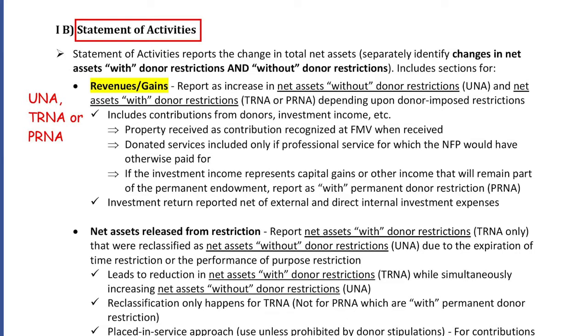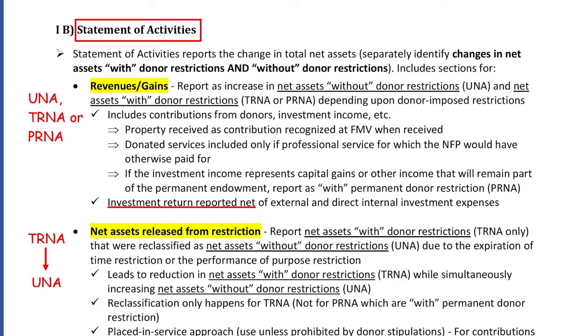Now, when we're talking about revenues and gains, underline investment returns are reported net of external and direct internal investment expenses. The next sub-bullet, highlight net assets released from restriction. So right there, that's TRNA to UNA. TRNA is classified within net assets with donor restrictions.